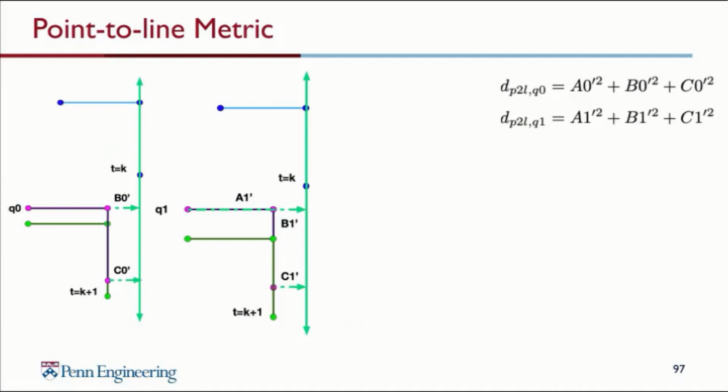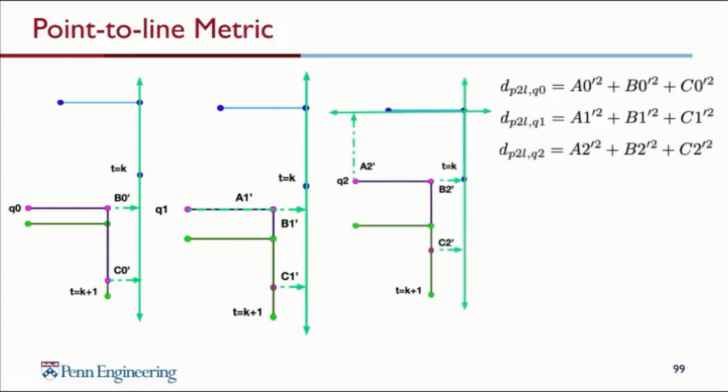Now, the thing to note here is that under the point-to-line metric, the score for the transforms of Q0 and Q1 will be exactly the same. Now, we score Q2 in a similar fashion, and note that we are assuming that Q2 is at the threshold where the closest line to point A will change. Thus, in our example, we find that Q0 and Q1 will have the same score, while Q2 has a different score.